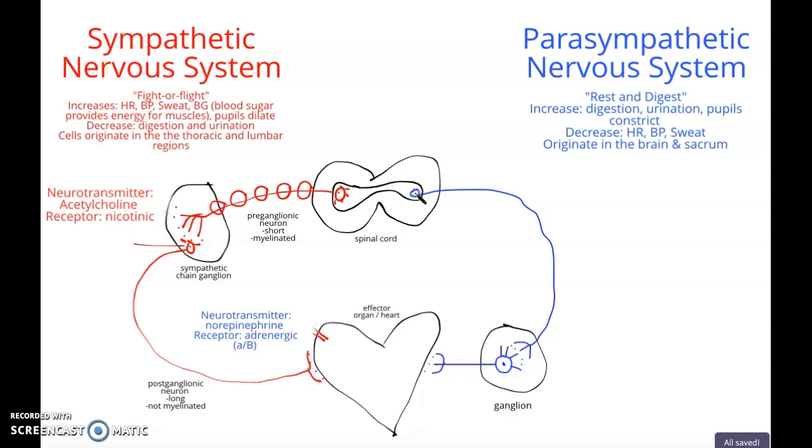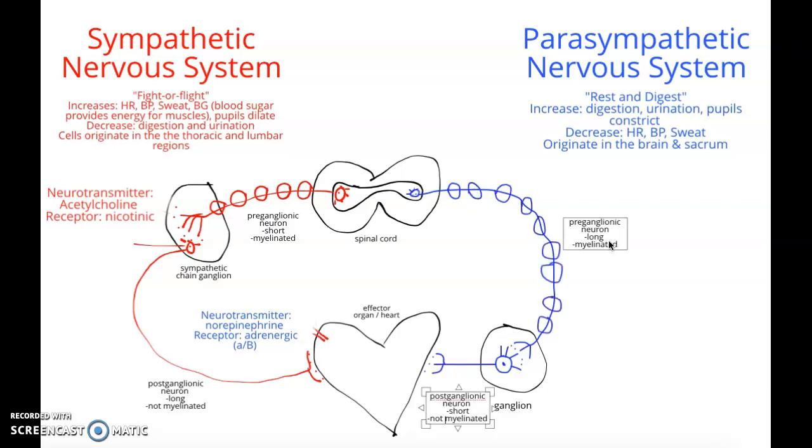So the preganglionic neuron here is also myelinated. So we can draw our little bubbles here too to indicate that there's myelin. So the preganglionic neuron is long and myelinated, and it secretes a neurotransmitter, acetylcholine.